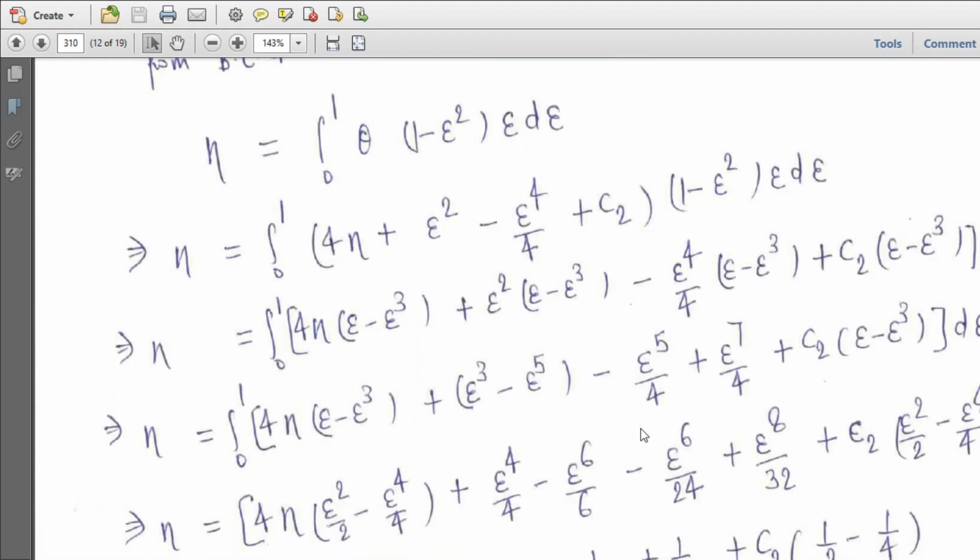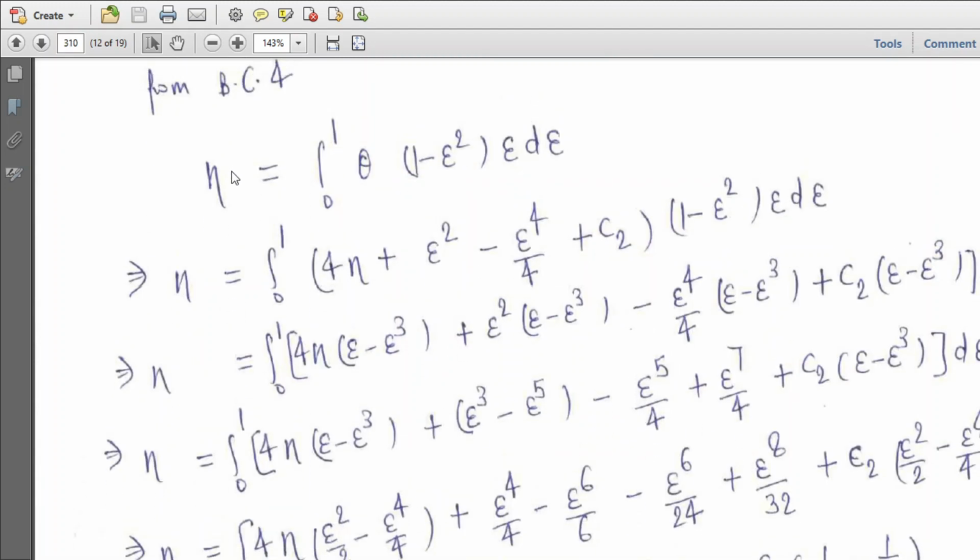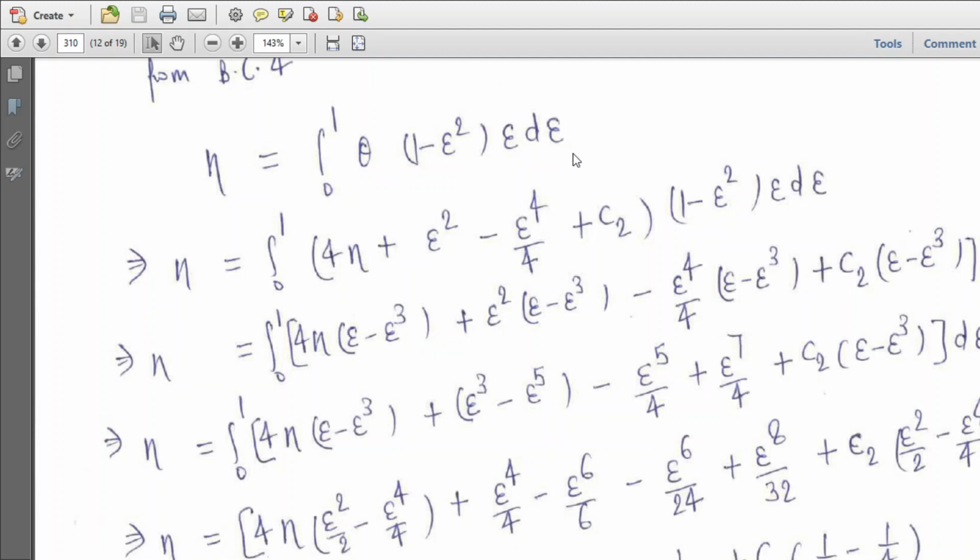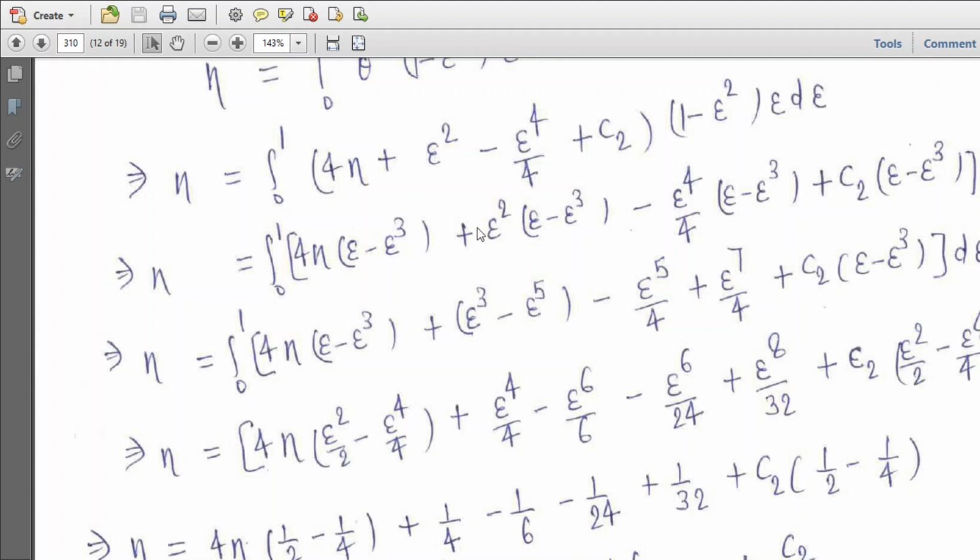Now what is boundary condition 4? Eta equal to integral 0 to 1 of theta into 1 minus epsilon square into epsilon into d epsilon. So now substitute the expression for theta: 0 to 1 of 4 eta plus epsilon square minus epsilon 4 upon 4 plus C2, then you have 1 minus epsilon square into epsilon into d epsilon. So multiply it and open the bracket.